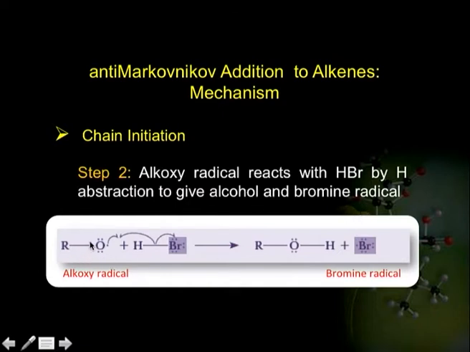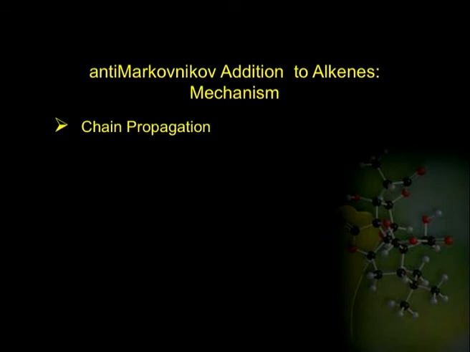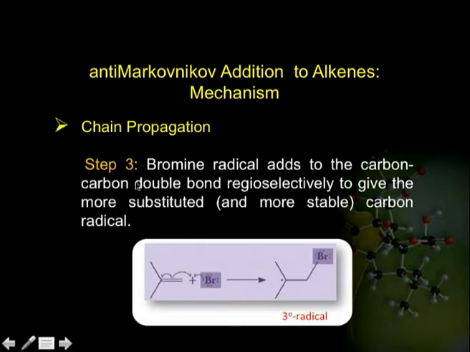So, this alkoxy radical will take this proton, and this HBr also undergoes a homolytic fission. As a result, we get the formation of the bromine radical, which is the one required for the reaction further. Chain propagation is the second process of this mechanism, where the third step of the reaction takes place.